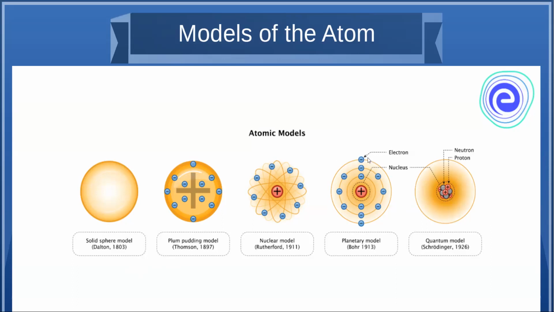And this outer layer we call the valence layer. The electrons farthest away from the nucleus have the weakest bond to the nucleus, to the protons.